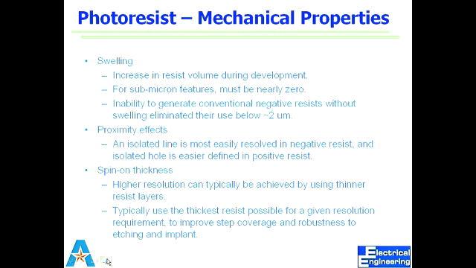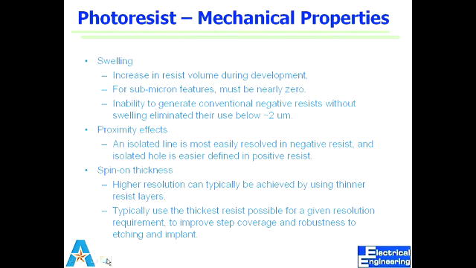There are mechanical issues with resist. They swell. During development, they can expand. What does this result in for my feature size? What happens to my features if photoresist swells during development? My final feature size will have variations which are uncontrollable.